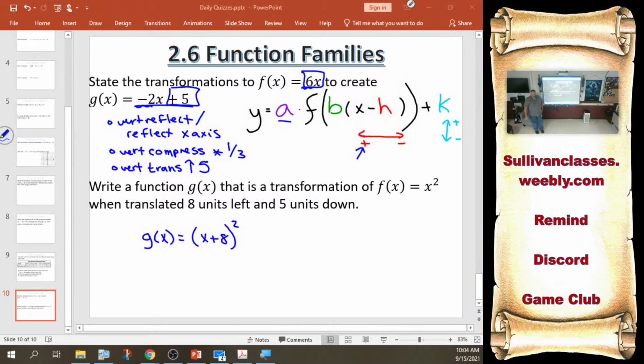Grouped with x in the h spot. 5 units down. Down is negative in the k spot. Done. That's it. That is it.